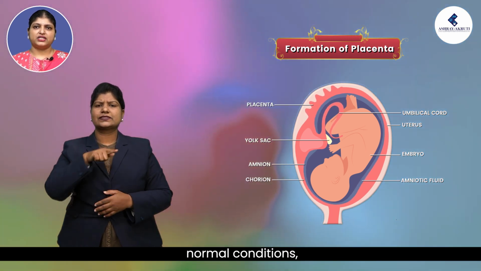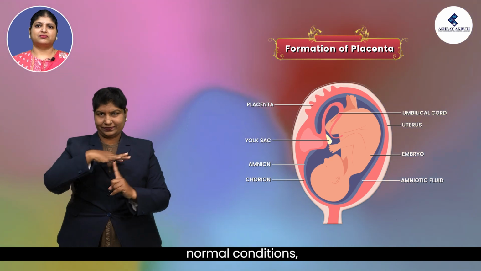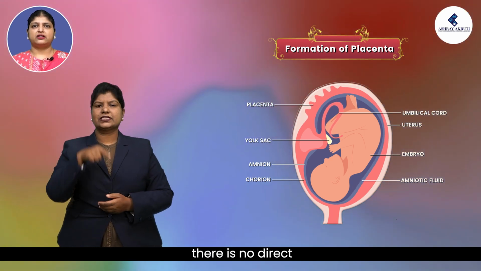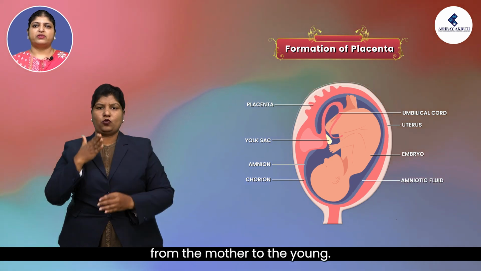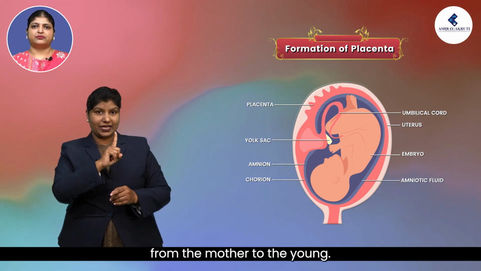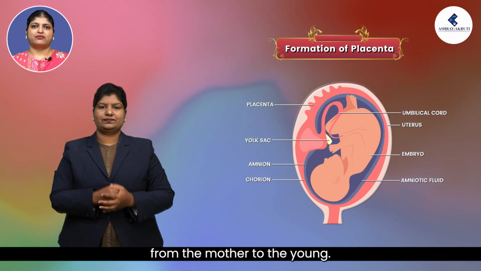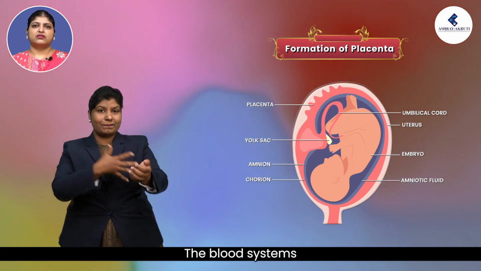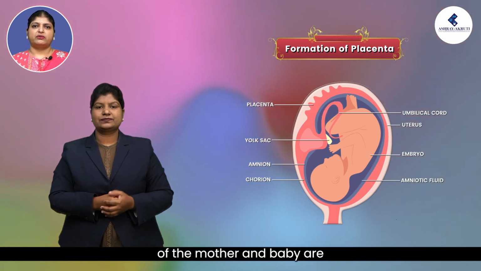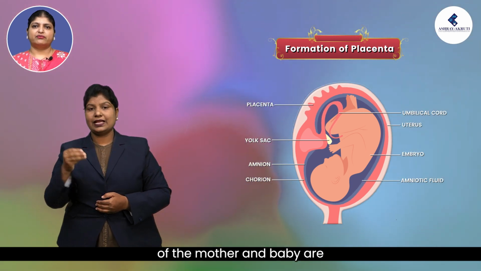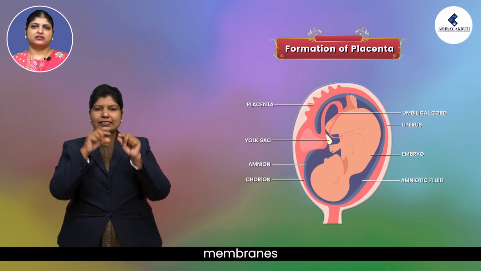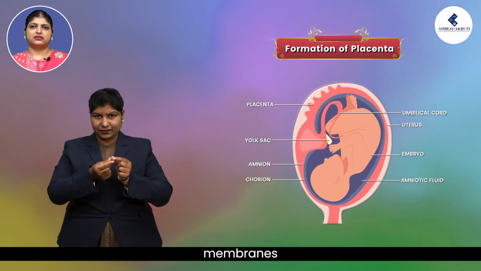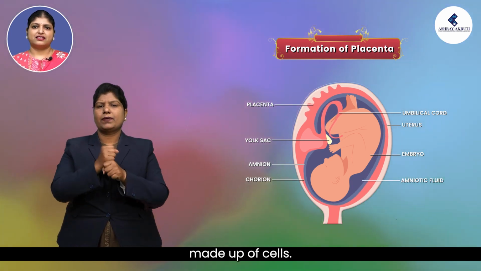Under normal conditions, there is no direct flow of blood from the mother to the young. The blood systems of the mother and baby are separated by thin membranes made up of cells.